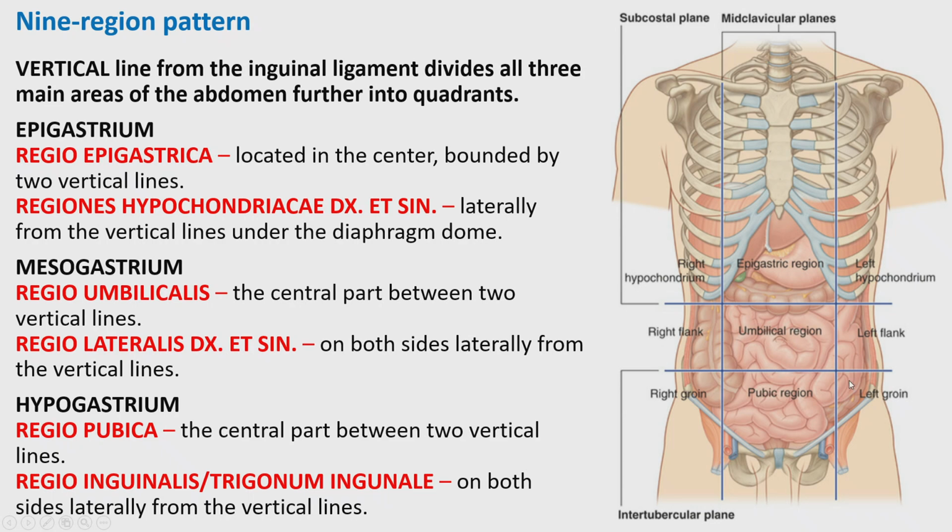So this is the classification as a 9-region pattern. You have the 4-quadrant pattern for explanation, and you have the 9-region pattern, with epigastrium as 3 regions, mesogastrium 3 regions, and hypogastrium 3 regions.